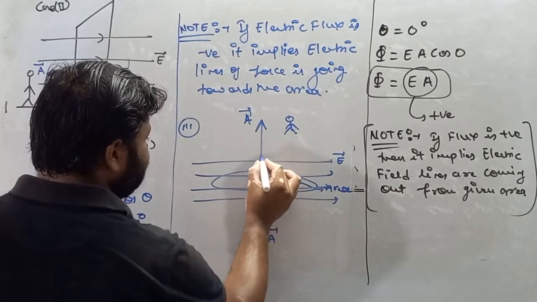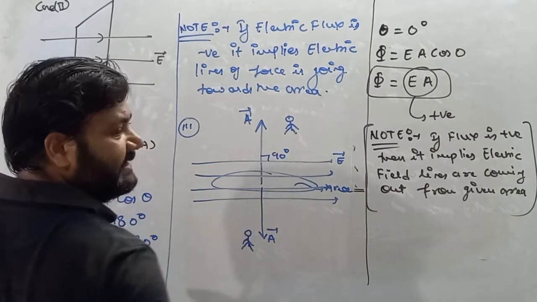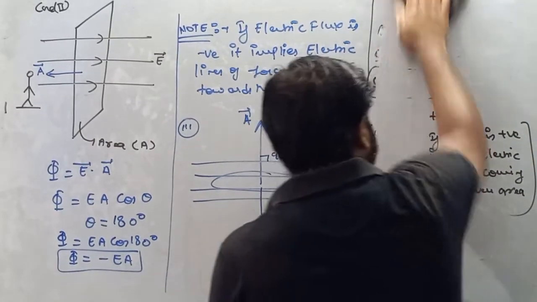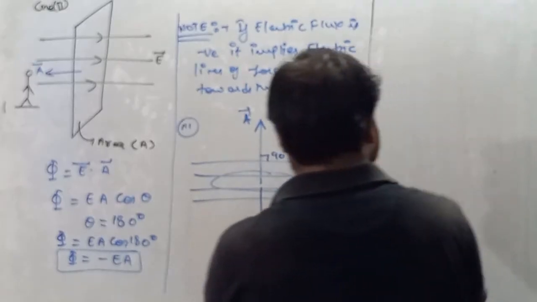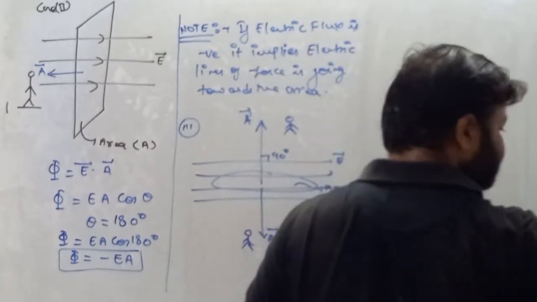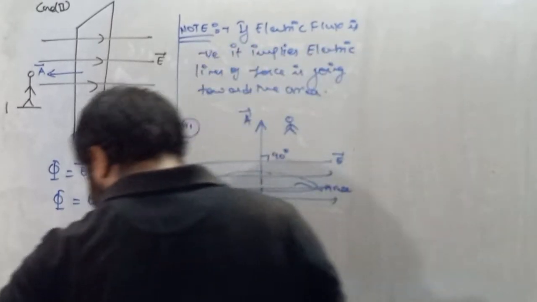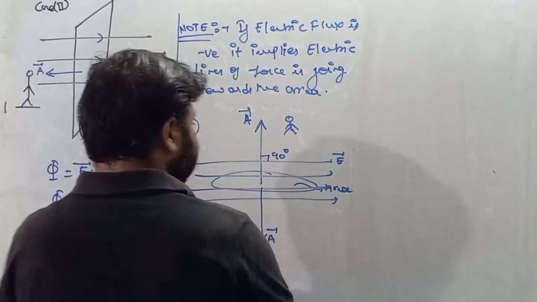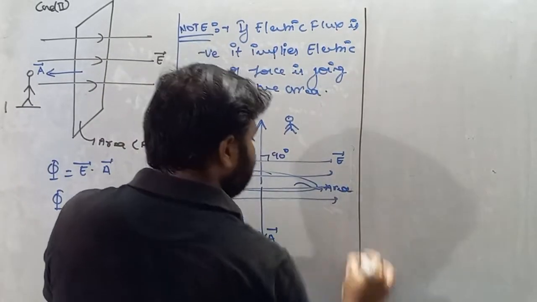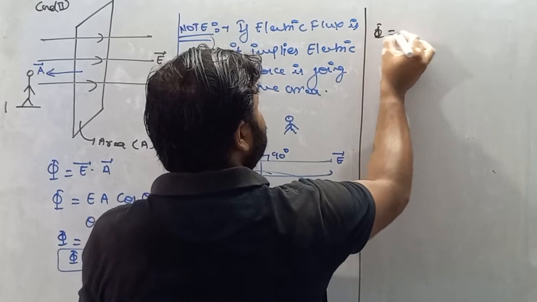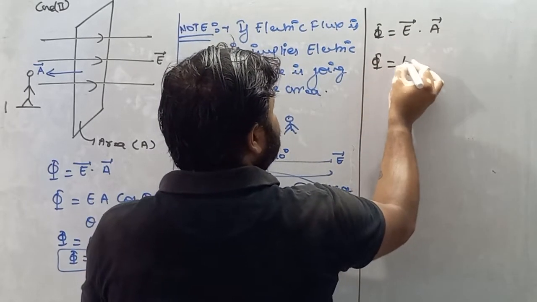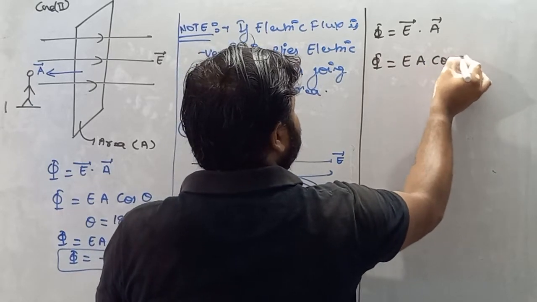So the angle between electric field and area vector is 90 degree, then we know that the value of flux, phi, electric flux is equal to E vector dot A vector. I'll write here flux is equal to E vector dot A vector, and if I operate it, it is EA cos theta.